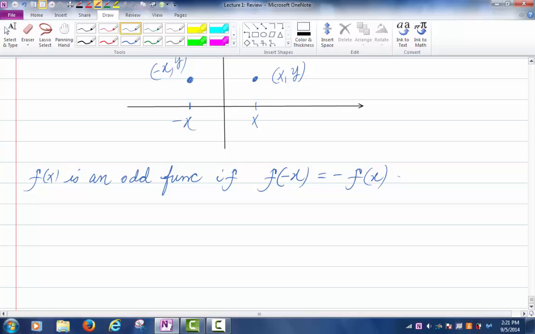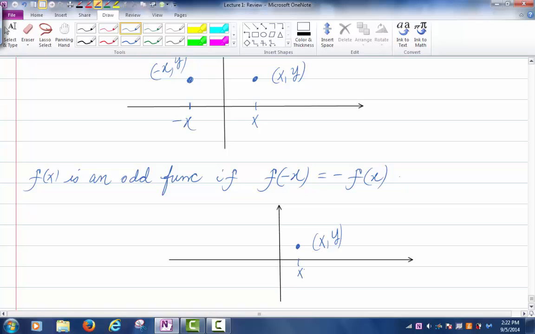So in other words, what that means in terms of the graph is that if I have a point, let's say this point here, and let's say this point is x comma y, so here is x.